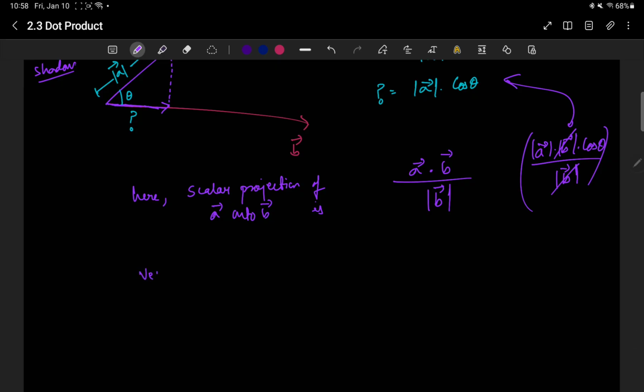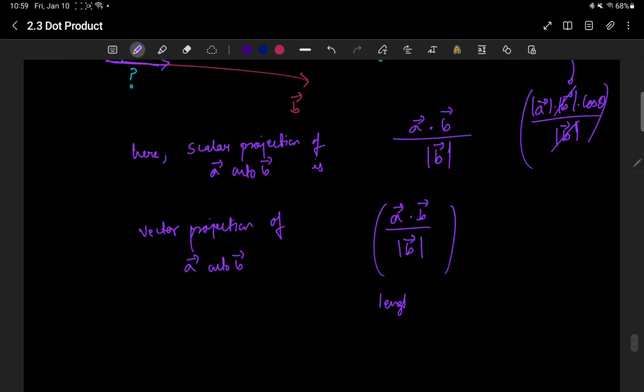Now, this can be used to find the vector projection as well. The vector projection of A onto B, well, how long is this vector going to be? The length of the vector is the scalar projection. So that's the length of the vector. What is the direction of this vector?